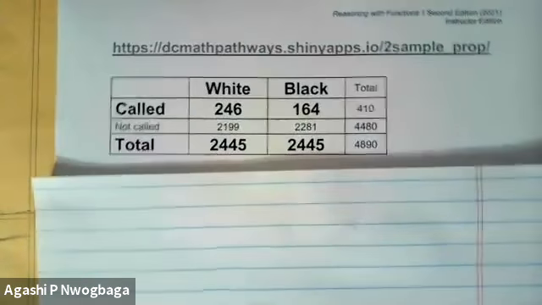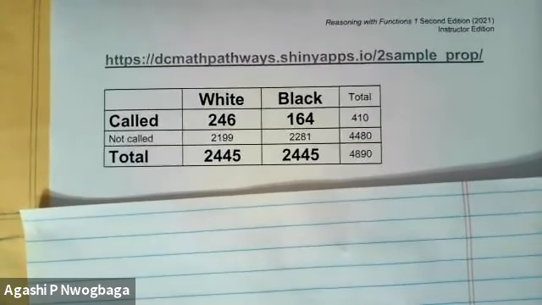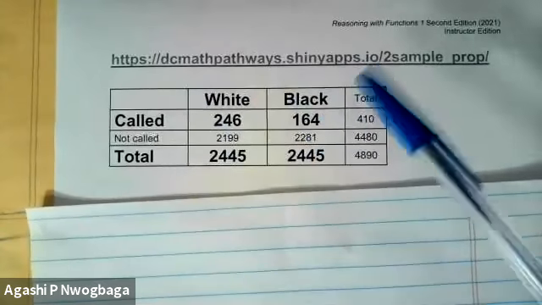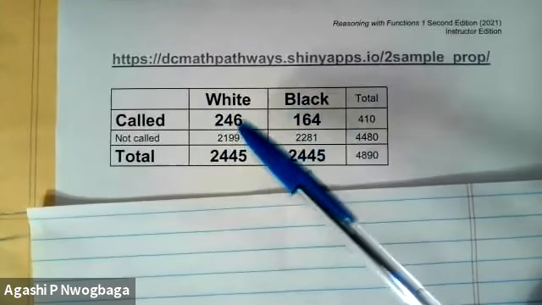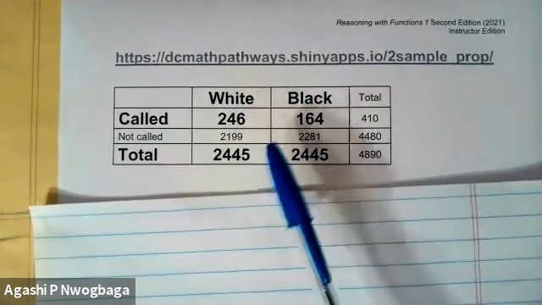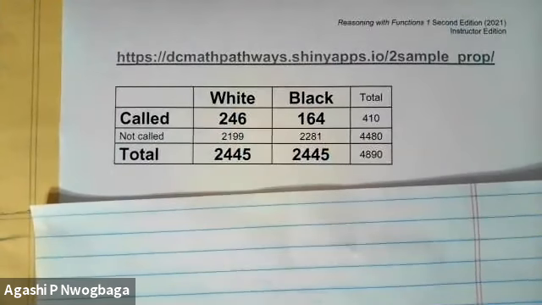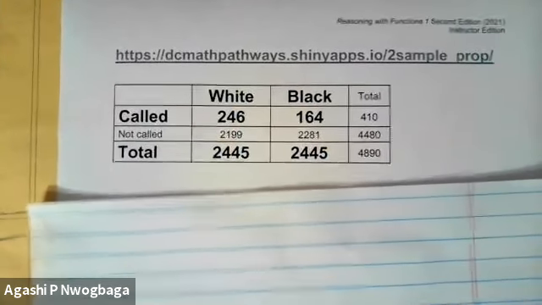So this is the app we're talking about. We go to this website and enter the values. We have highlighted the figures we entered: the numbers for the white, the black, and the total number needed.